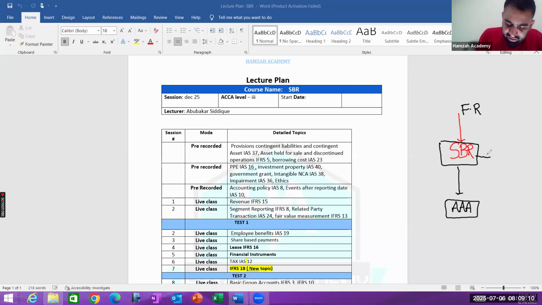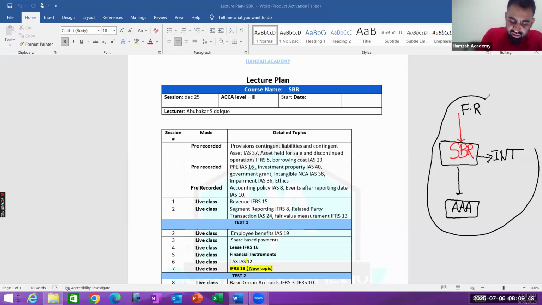SBR is available in various versions like the UK version, like the Singapore version, but our study version will be SBR International, INT. INT International will be the version of SBR which we would be preparing for December 2025.